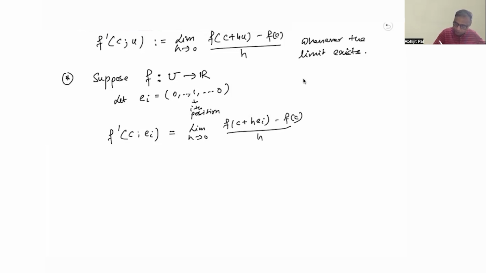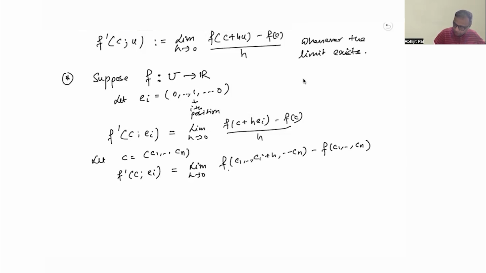Now let c equal (c1, ..., cn). Then f prime(c, ei) is the limit as h tends to 0 of f(c1, ..., ci plus h, ..., cn) minus f(c1, ..., cn), whole divided by h.